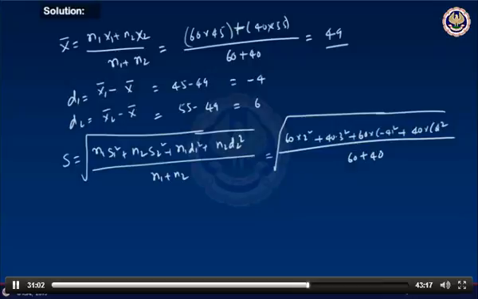Simplifying, this will be equal to the square root of 30, which is 5.48. This is the combined standard deviation for boys and girls in a class.